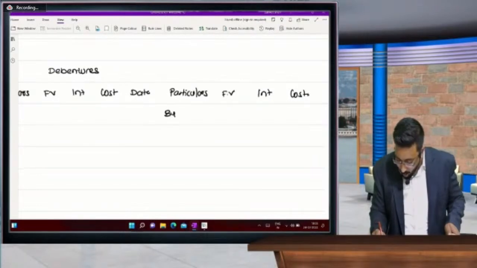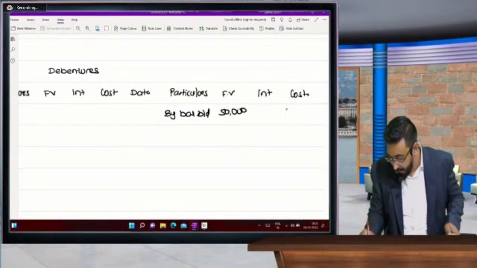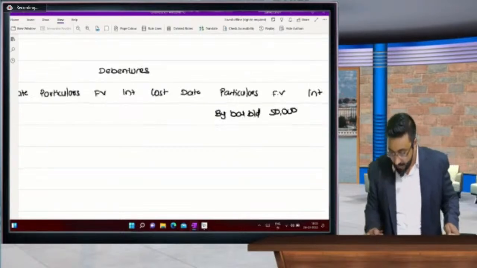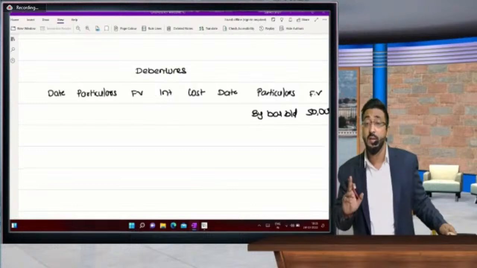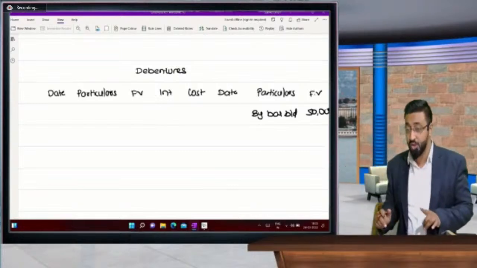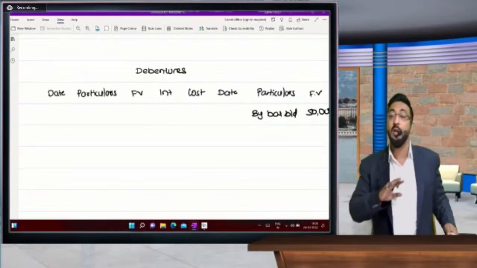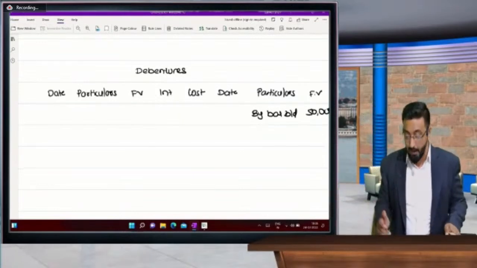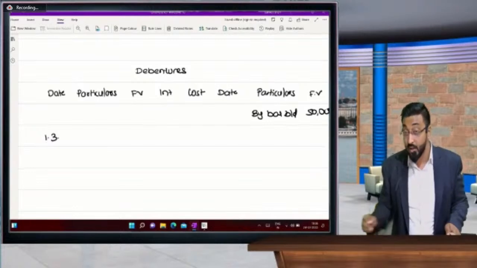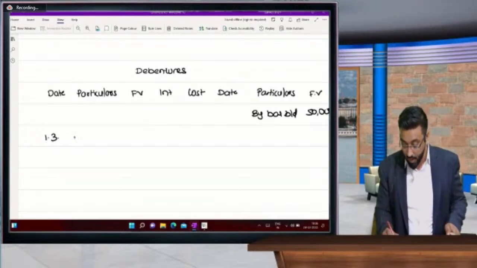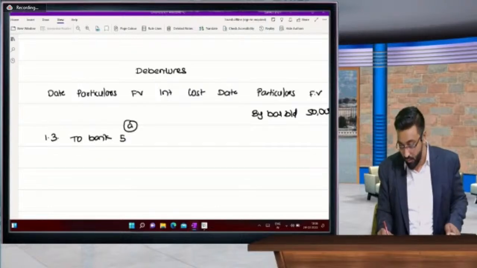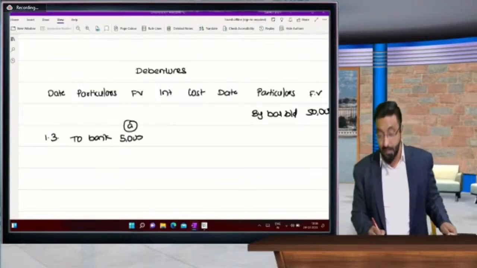By balance brought down, if you remember, we started with 50,000. Remember all this without looking into the question; if you recall these figures, you are going to understand it 100%. Then you know the ABCD sequence. On 1st of March, to bank, first A, face value 5,000, you bought 50 debentures.